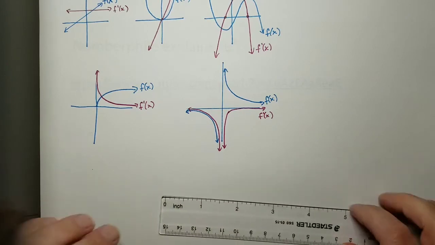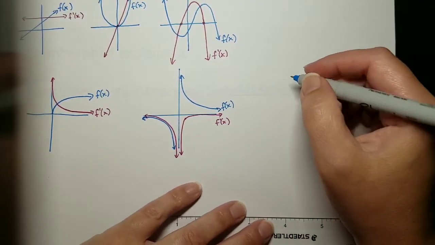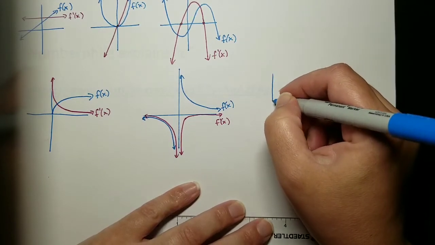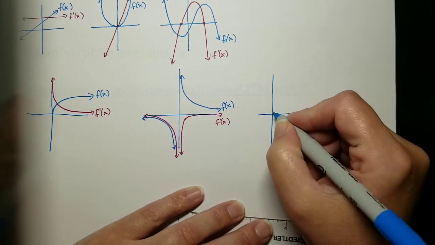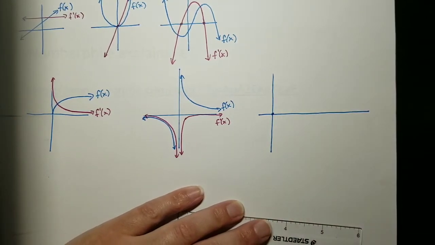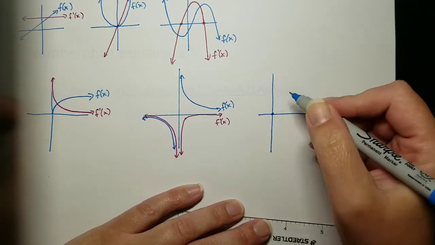Another type of function that you guys for sure know is a trig function, and this is going to come more into play in tomorrow's lesson, but let's just take a little look.